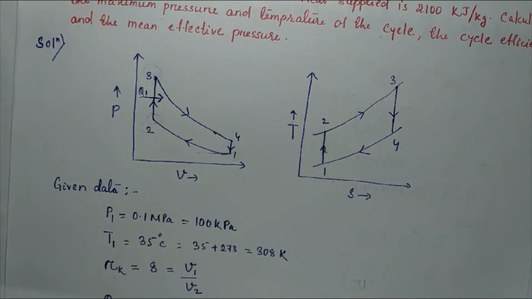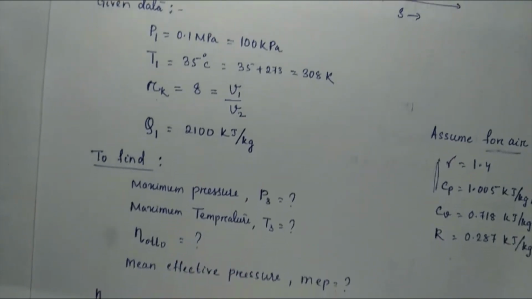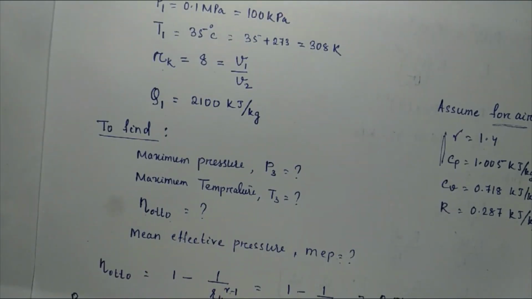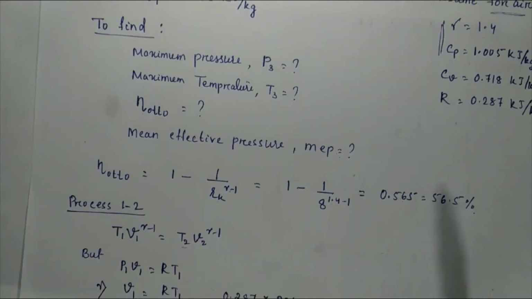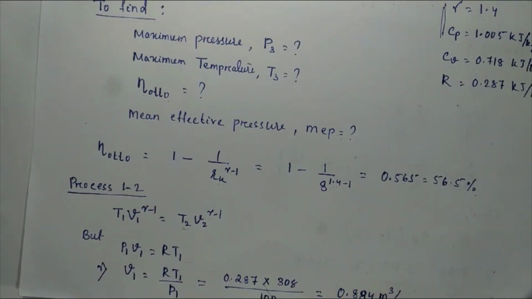As we consider process 1 to 2, we first calculate the volume of state 1, because for state 1 we have the value of P1 and T1, but we don't have the value of V1. So first we go for the calculation of V1.